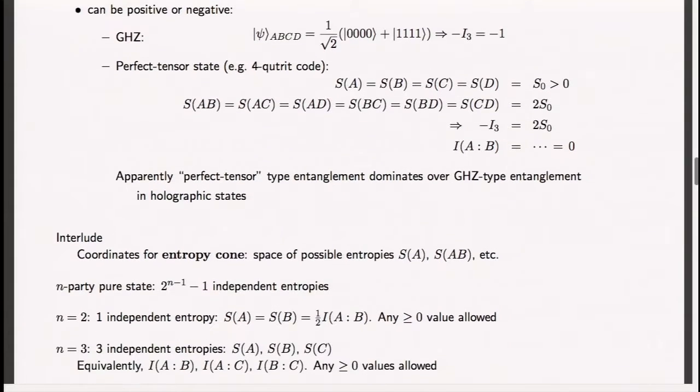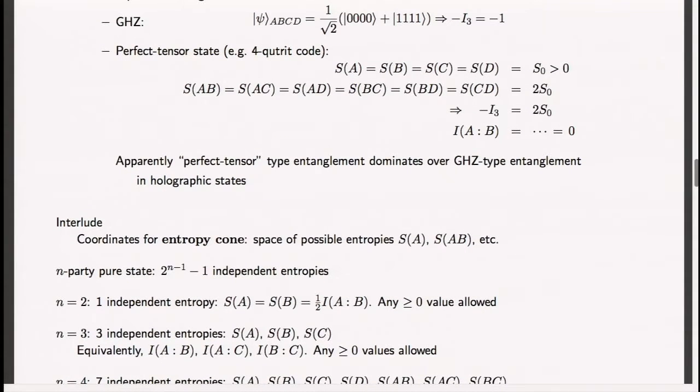For example, if you have two parties, then there's just one, because you know S of A equals S of B, and that's the same as half of this mutual information, and any non-negative value is allowed. With three of them, these are independent, but S of AB equals S of C, so I don't get more of them. I can also just do a linear change of coordinates and write the three mutual informations, and that's actually useful because all I have to do to get a valid set of entropies is just choose non-negative numbers for these three numbers. So in these coordinates, it's just the positive octant, which is the allowed entropies.